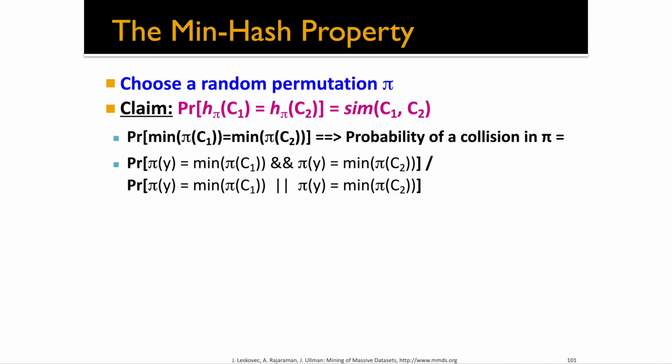So we can rewrite this and say the probability of the first non-zero element in our permutation of the first document being in the same place as the first non-zero element in the second document is the probability of those two things happening at the same time over the probability of the union of these two documents. We can rewrite this as the number of common shingles between these two documents over the size of all shingles in these documents, which is exactly the Jaccard similarity that we were going for.